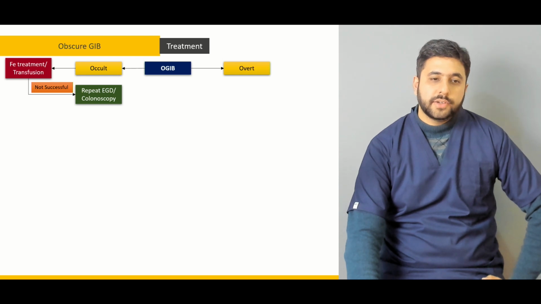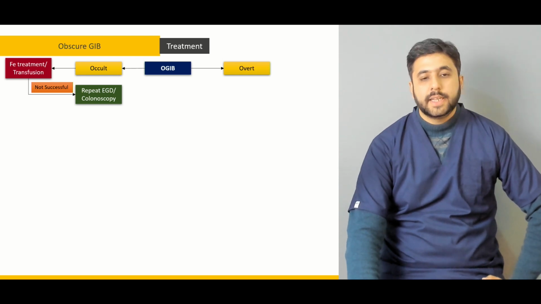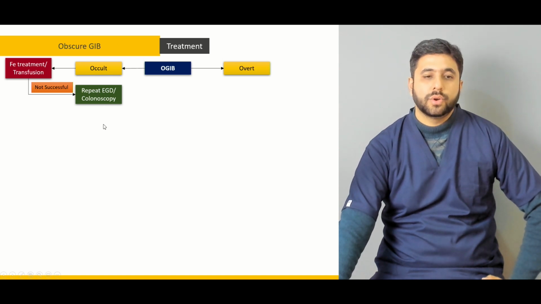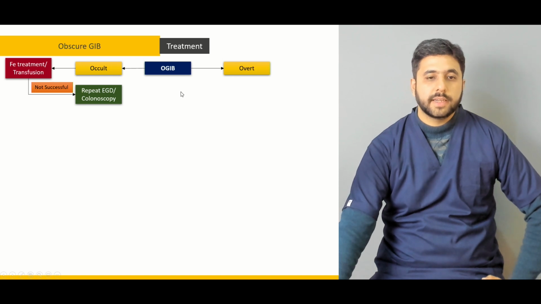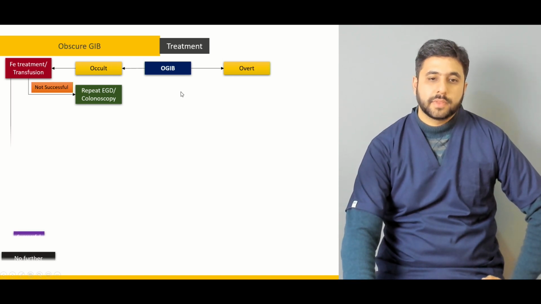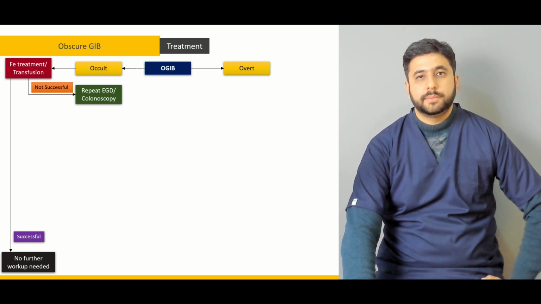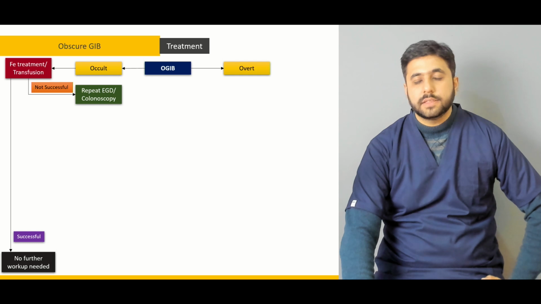If the iron treatment is not successful, then you do the scope again. You do an endoscopy or the colonoscopy to find out whether we missed any point in the first place, since the iron treatment is not helpful and this means that the bleeding hasn't stopped, then we do a repeat procedure. But if the iron treatment is helpful, then there is no further workup needed, and the patient is managed conservatively.